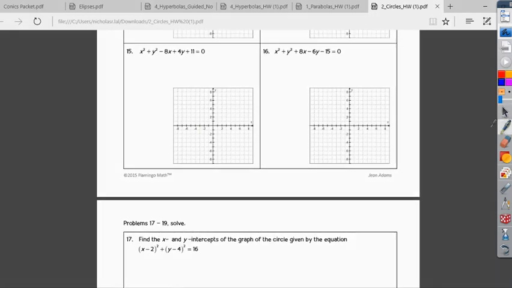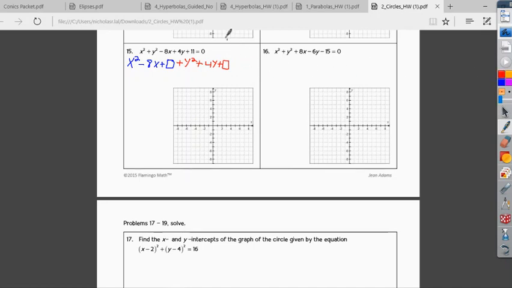Alright, now we're going to have to complete the square. X squared minus 8x plus our complete square term plus y squared plus 4y plus r, complete the square term.